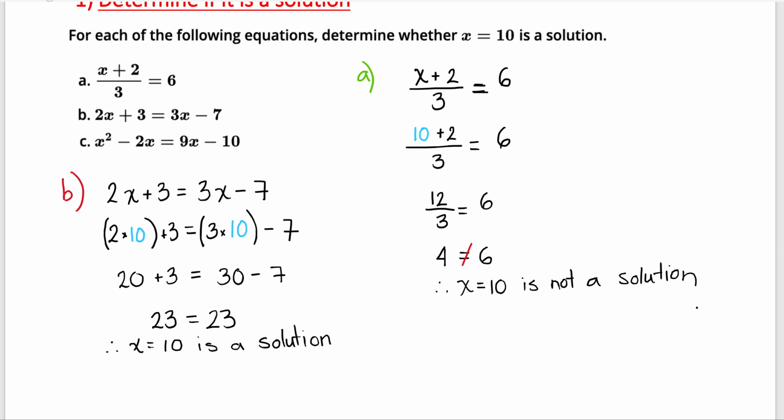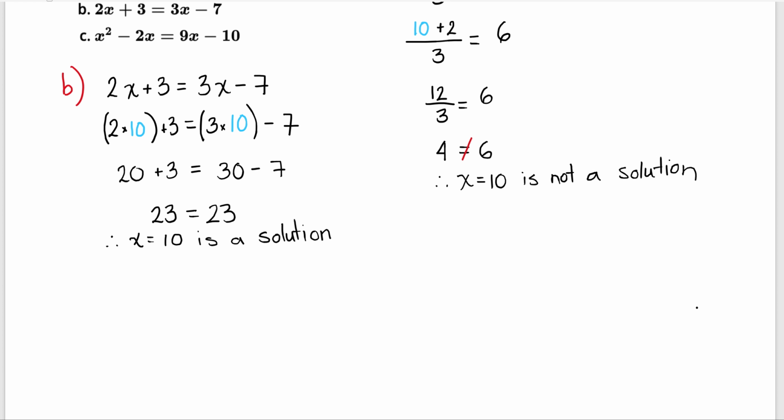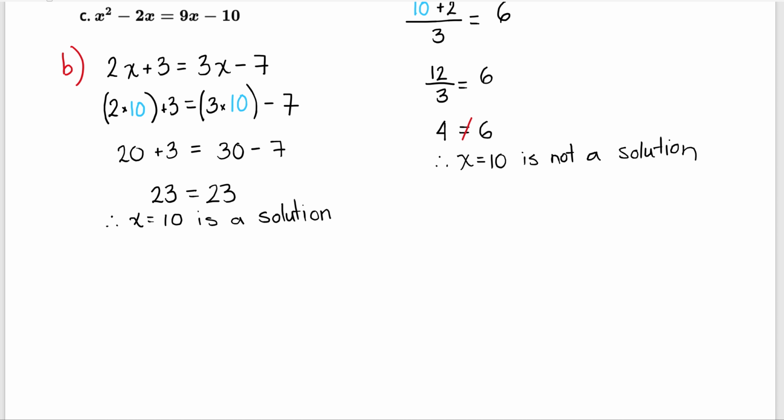Okay, let's do C. Why don't we do C in CAS? Or maybe I'm going to do it both ways. I'm going to do it here in pen and paper, and I'm also going to solve it with CAS, so we can also practice how we use our calculator in these cases.